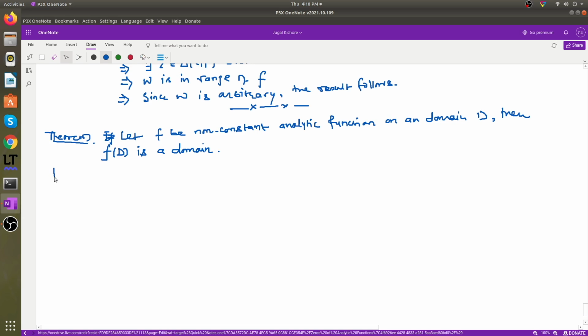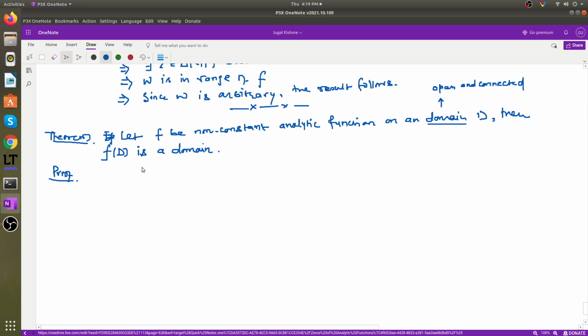To prove this, since f is a non-constant analytic function in a domain D, it means D is an open and connected set. We already proved that f(D) is open, because if f is a non-constant analytic function in an open set D, then f(D) is open.